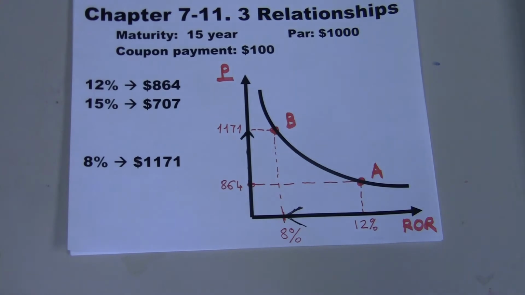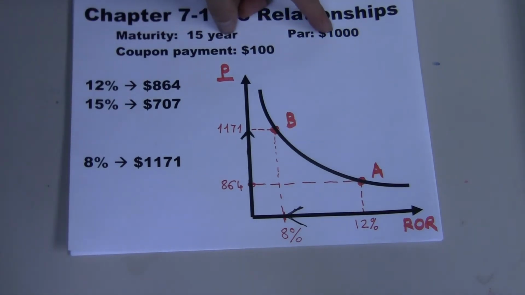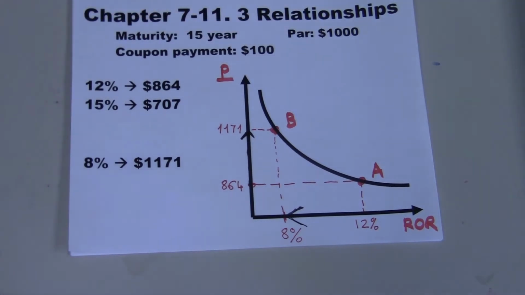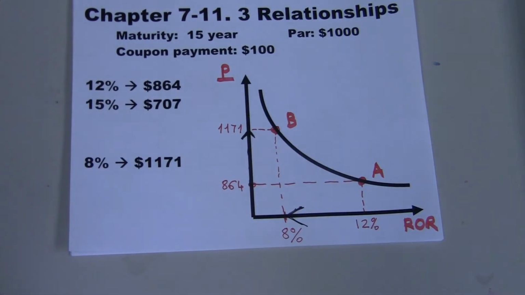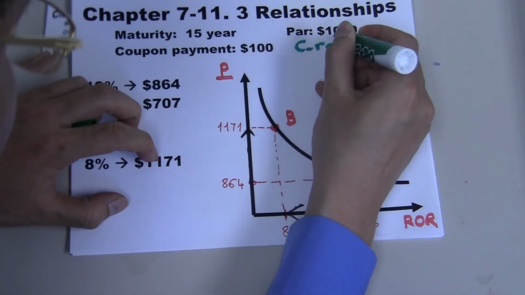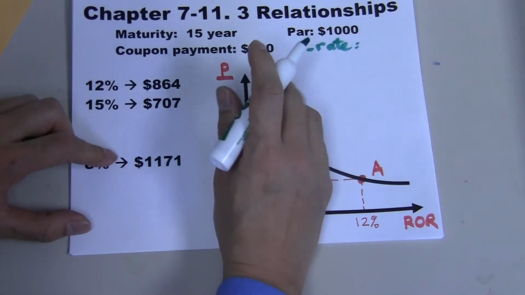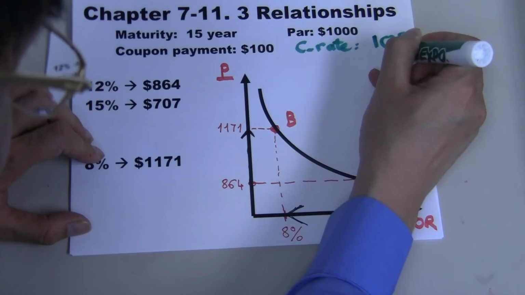One more thing is, with the coupon payment of 100 and the par value of 1,000, what will be the coupon rate? So the coupon rate here is the coupon payment of 100 divided by 1,000, which will be 10%.